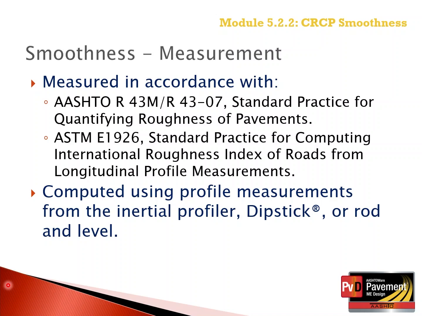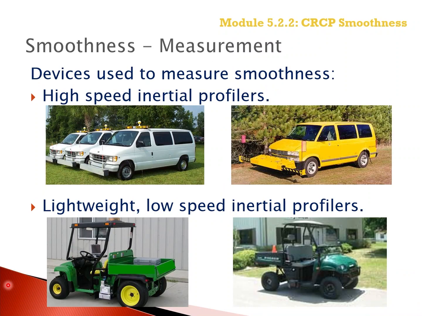The IRI is computed using profile measurements from devices such as the inertial profiler, the dipstick, as well as rod and level surveys. The devices commonly used to measure smoothness include the high-speed inertial profilers and the lightweight low-speed inertial profilers.